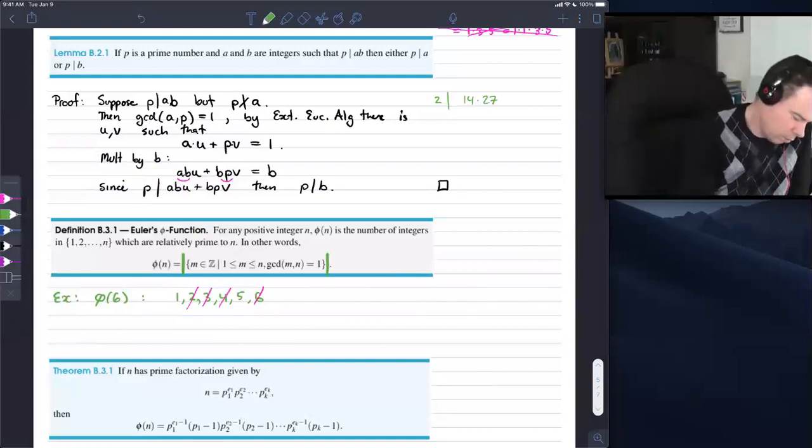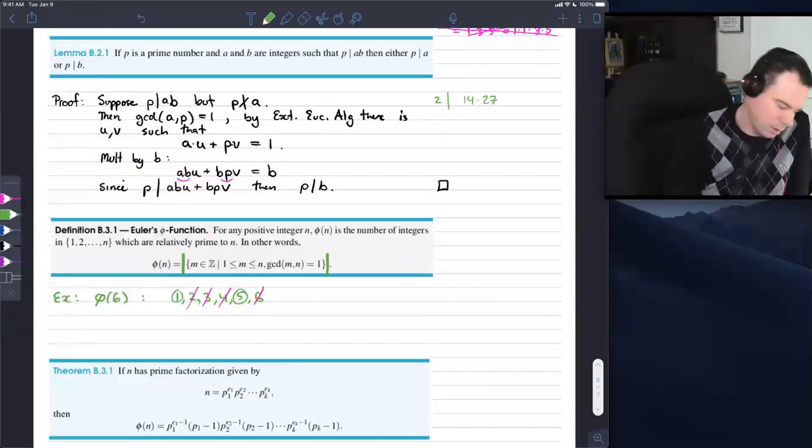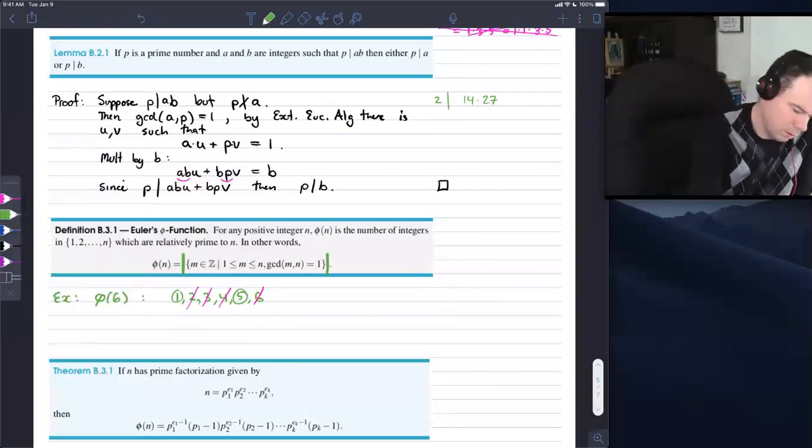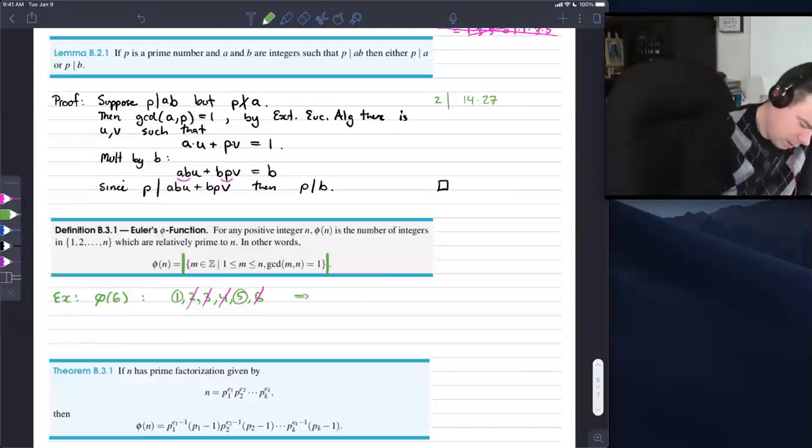So there are only two numbers that are relatively prime to 6 that are smaller than 6. The number itself is never going to be relatively prime to itself unless it is 1. So that means that phi of 6 is 2.